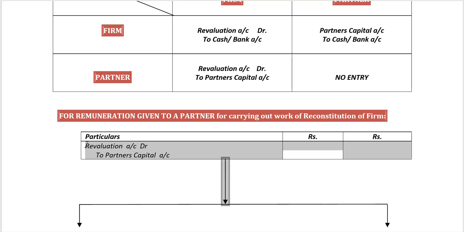I repeat, when any remuneration is given to a partner for carrying out the work of reconstitution of firm, the journal entry is revaluation account debit to partners' capital accounts.